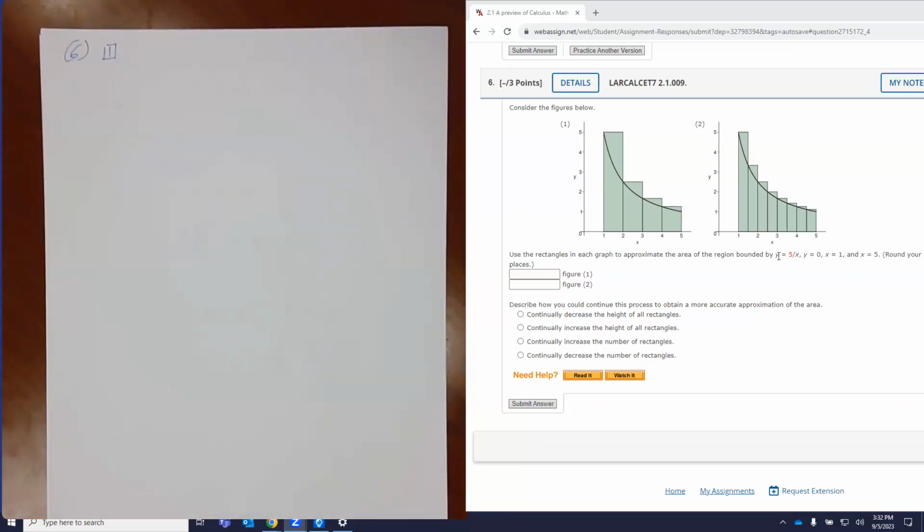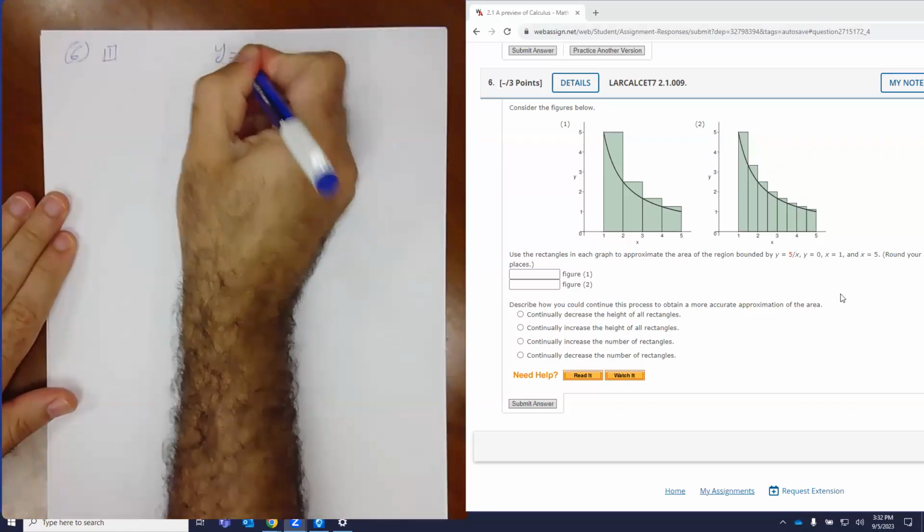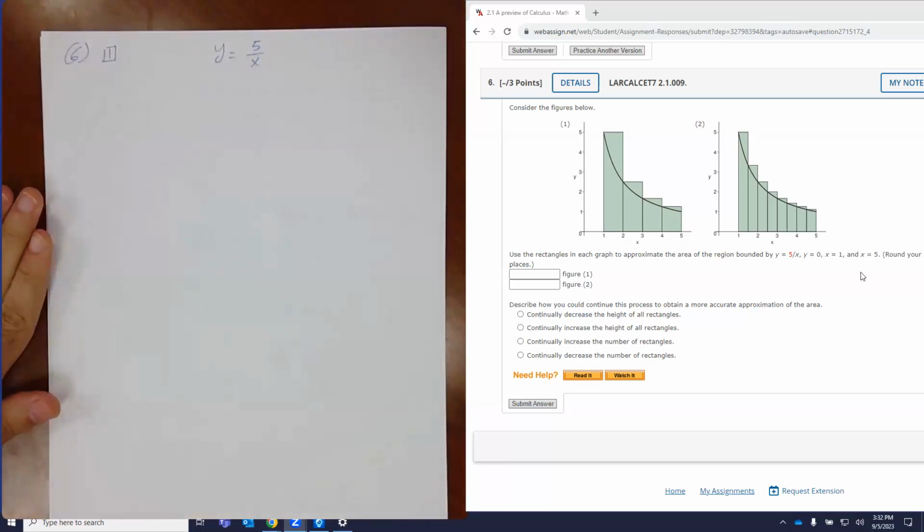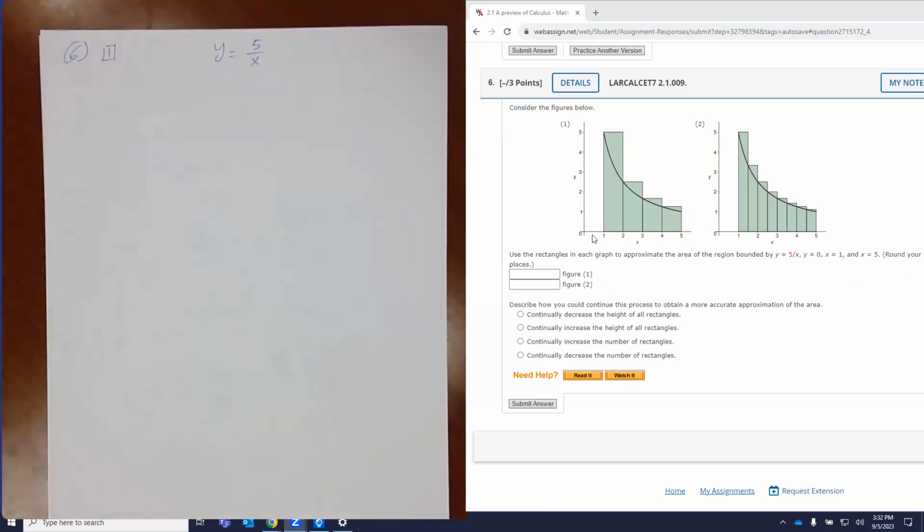Let's check the information they give to us. They're telling you y equals 5 over x, y goes from 0 to 5, and x goes from 1 to 5. So we have y equals 5 divided by x. If you look here, the width for each rectangle is 1.